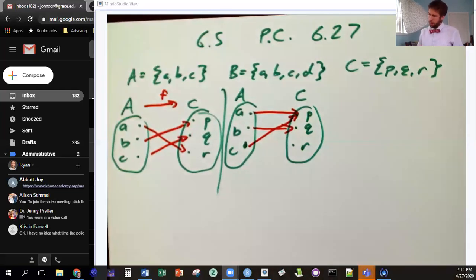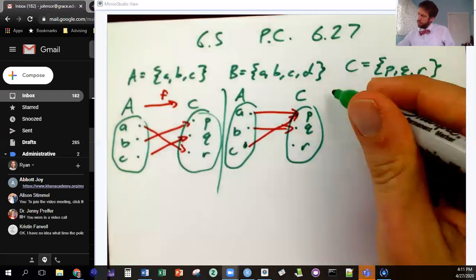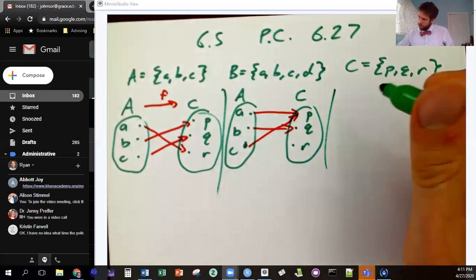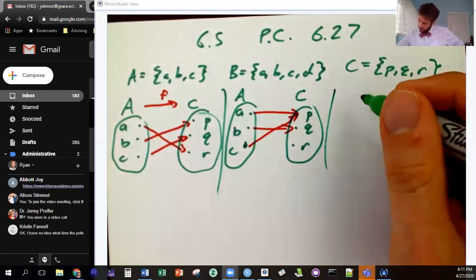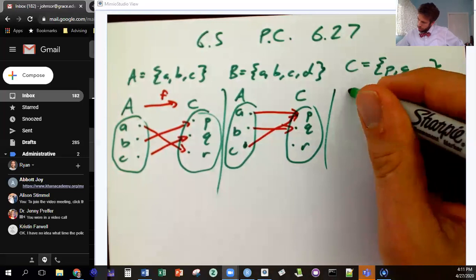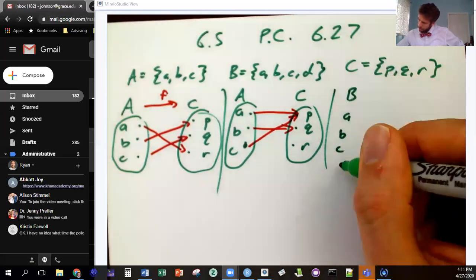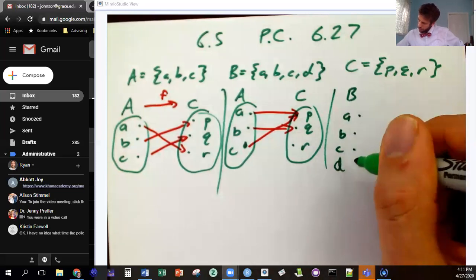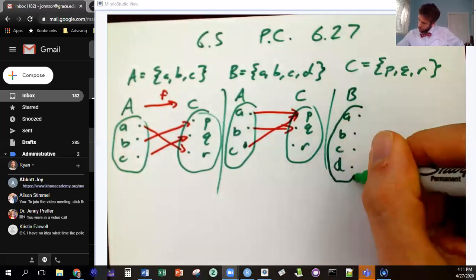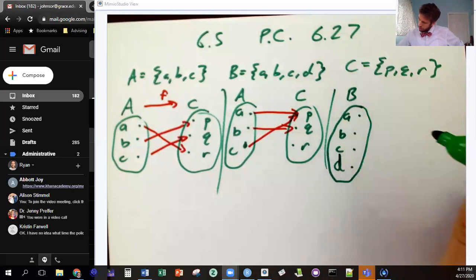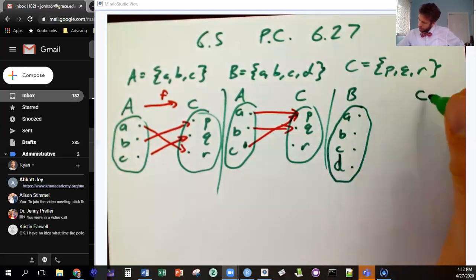Okay? And then H goes from B to C, so it's {a, b, c, d}, and it's going to C, which is {p, q, r}.